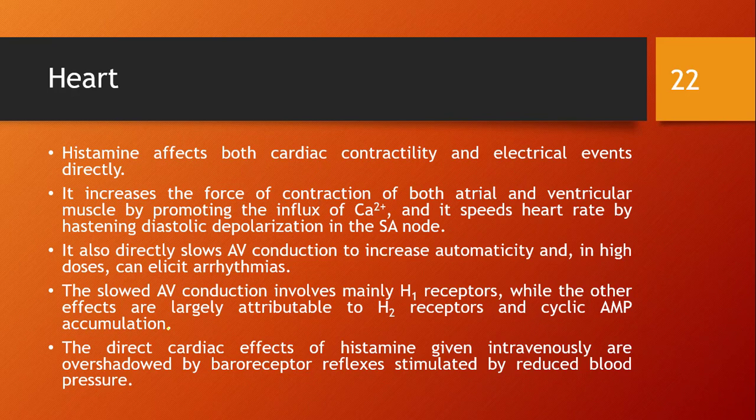Up to a certain level, if we slow the AV conduction, it will actually rectify the arrhythmias, but if it is slowed beyond the limit, it can lead to arrhythmias. Slowed AV conduction involves mainly the H1 receptor, while the other effects are largely attributable to the H2 receptors and cyclic AMP accumulation.